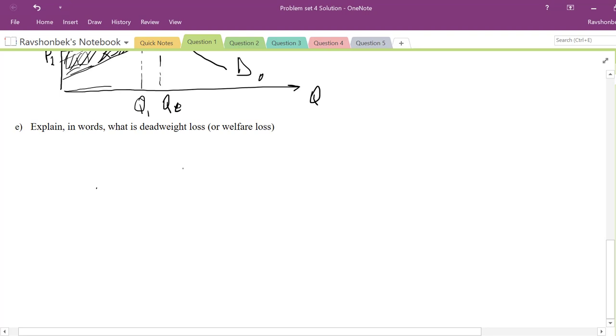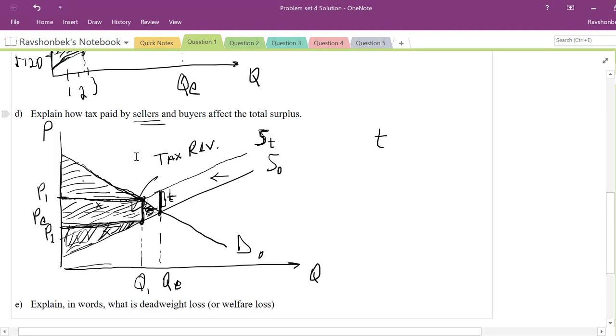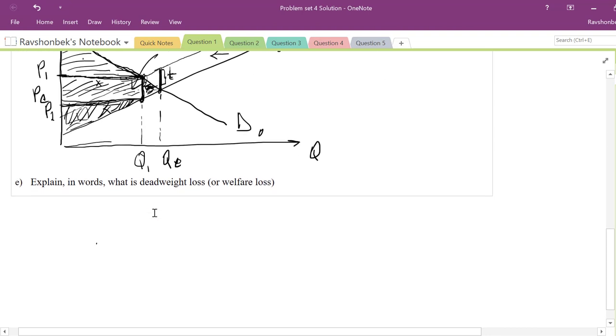Explain in words what is deadweight loss. We've already seen what deadweight loss is in terms of graphs. It's just efficiency loss. Here, it's a benefit that hasn't been captured by anyone. Basically, it's a loss of allocative efficiency.